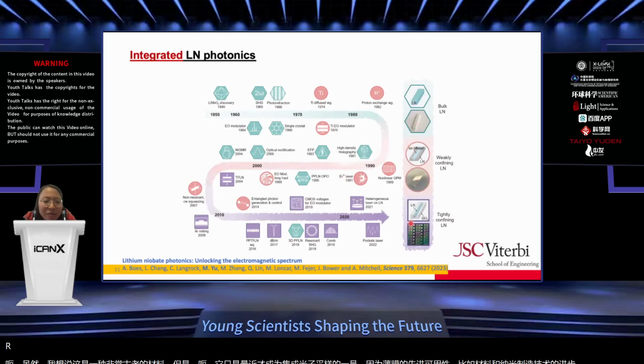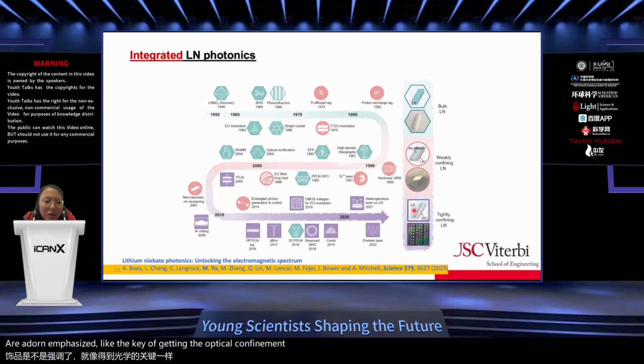I do want to emphasize that the key of getting the optical confinement tighter and tighter as you go into the integrated regime really brings significant advantages. I always say, by making devices small, you can also make the device perform orders of magnitude better. So there's really no trade-off here; you get the benefits of space and performance at the same time.